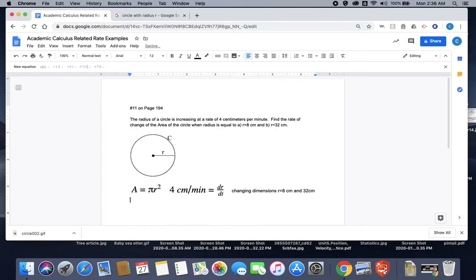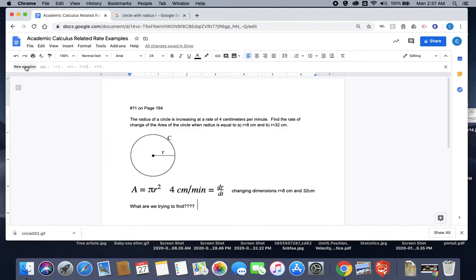Okay? Next thing we want to know is, what are we trying to find? So we go back to the problem and we read it. It says, find the rate of change of area of the circle. So we're trying to find the rate of change of area of the circle, and we want to give that some kind of calculus value.